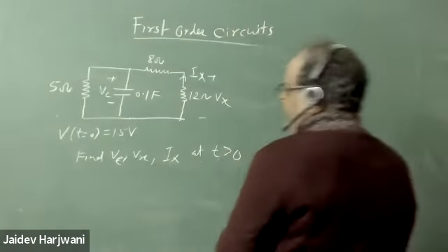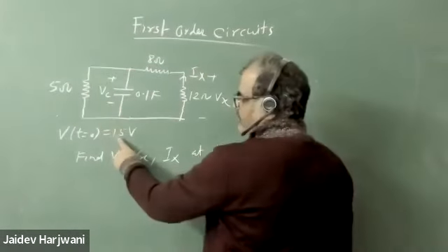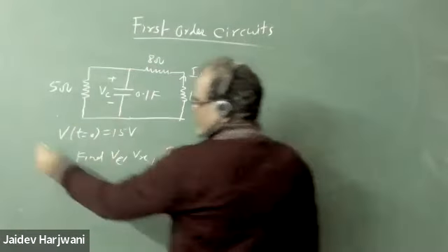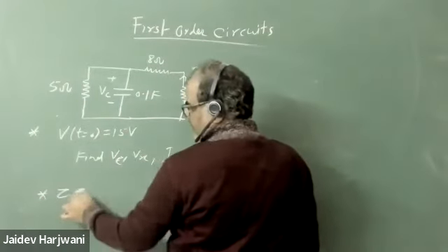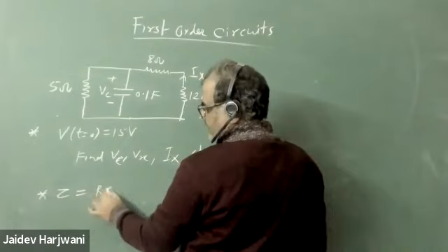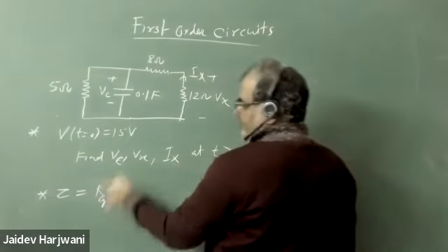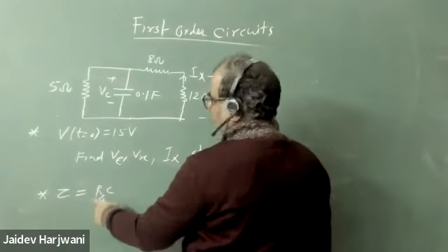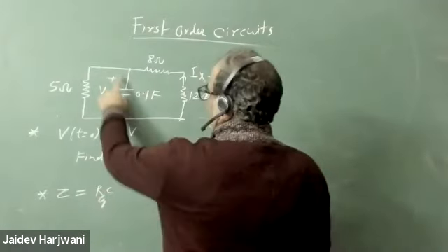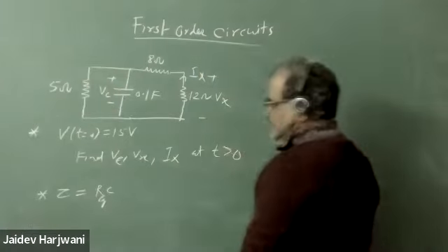So what should I do? I already know V naught, so one point is already clear. The second point, I need to calculate tau, which is R equivalent times C. I know C already, 0.1 farad, so I need to calculate only R equivalent. What is the R equivalent across this capacitor?